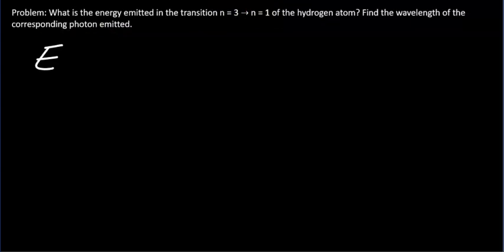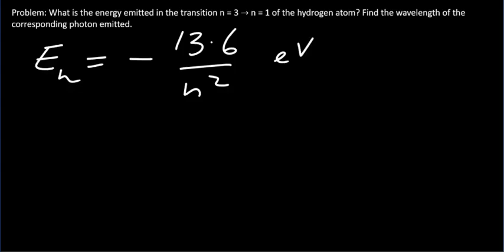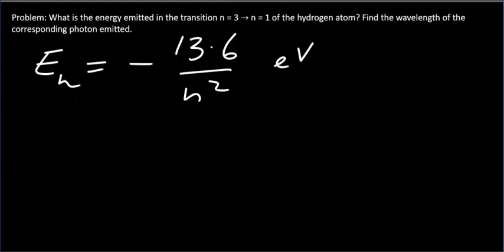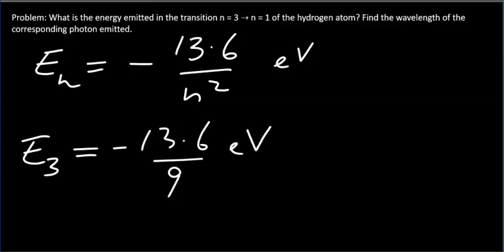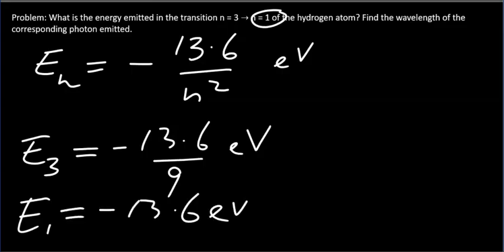We have found the energy level is given by minus 13.6 over n squared in the unit of electron volt. So the initial state of the electron is E3, and that's given by minus 13.6 over 9 electron volt. And the final state is represented by the n equals 1 orbit, and the energy there is minus 13.6 electron volt.